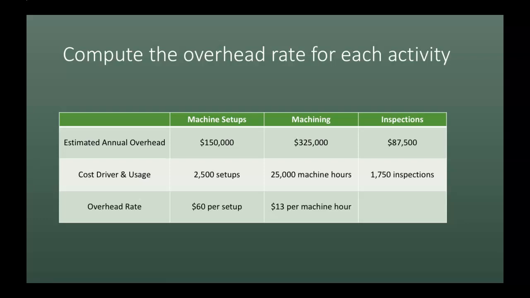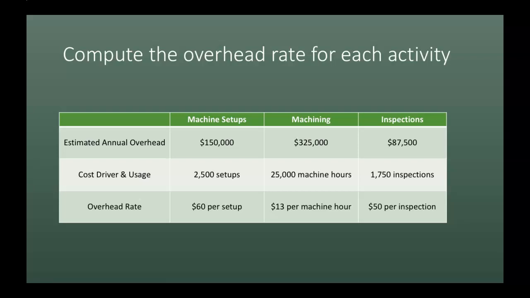Now for inspections, we have our estimated annual overhead of $87,500, and we have our cost driver and usage of 1,750 inspections. We'll be going through the same steps here. We want a dollar per inspection amount. So if we divide our annual overhead by our cost driver, we end up with $50 per inspection.